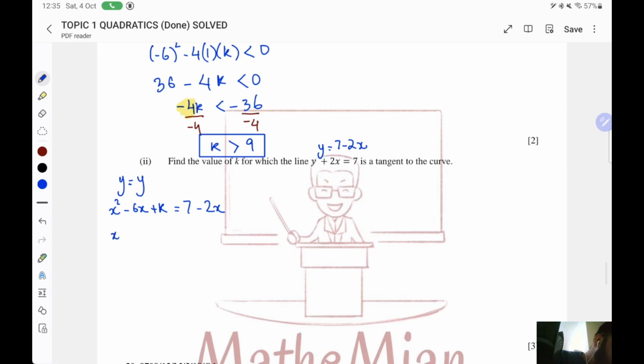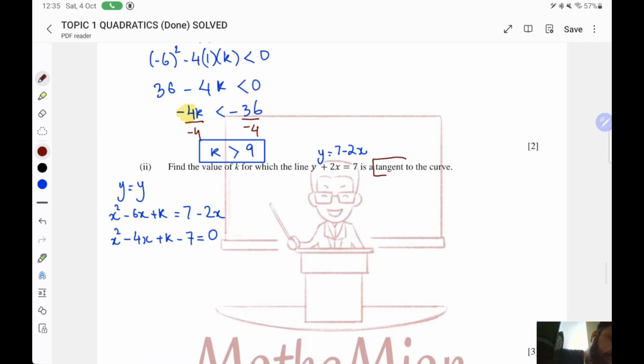Now if we simplify, it will be x square minus 4x plus k minus 7 equals 0. Any problem so far? Now since the question says that the line and the curve are tangent to each other, it means that b square minus 4ac will be equal to 0.